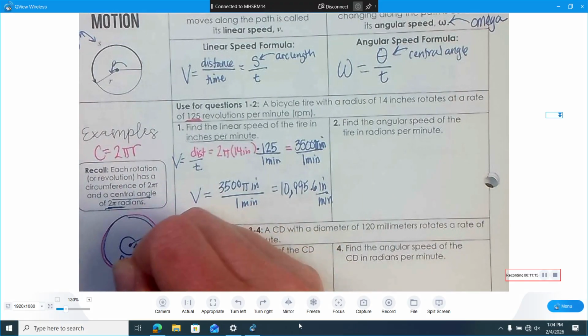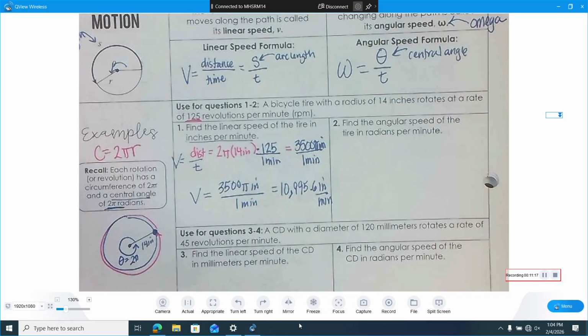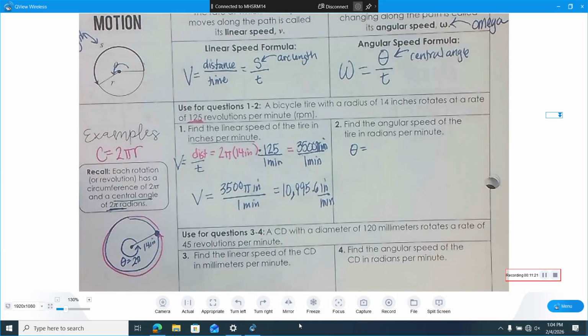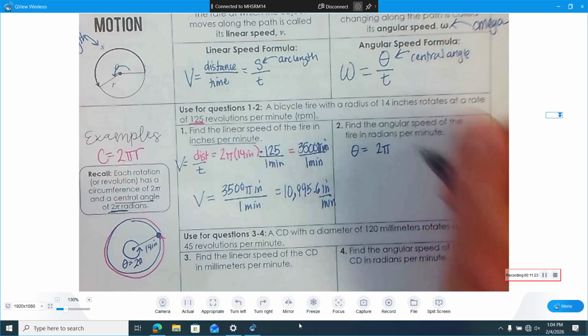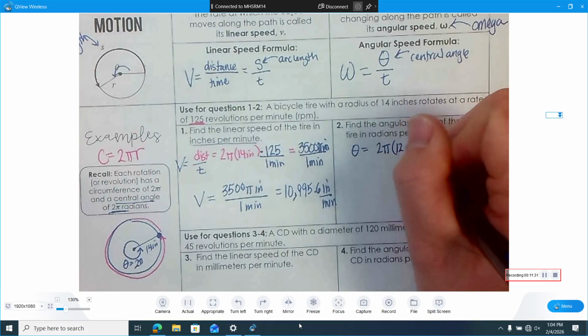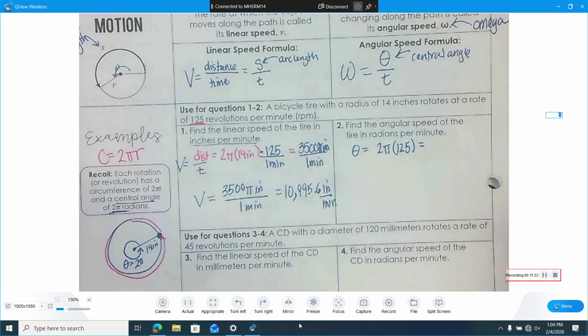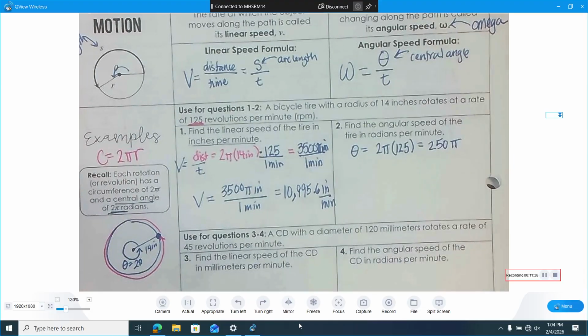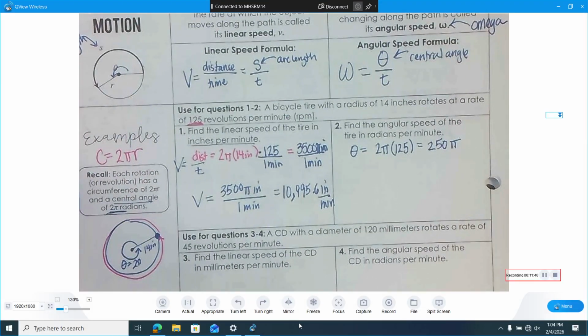So theta is 2 pi, but that's just one rotation. How many rotations did this tire make? 125 rotations. So we get 250 pi for the total angle that we're spinning out.